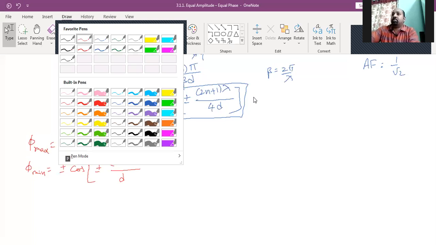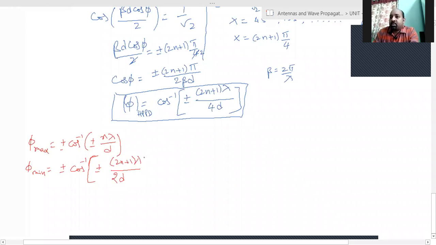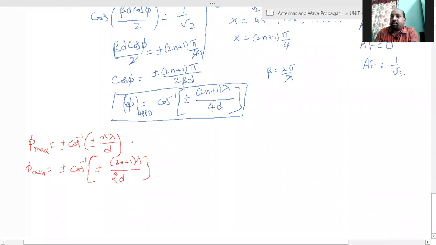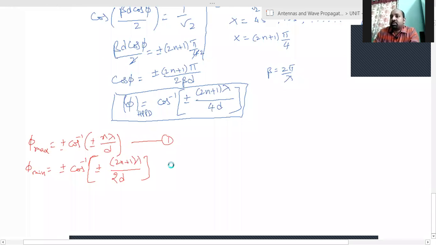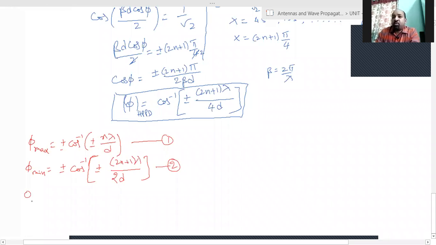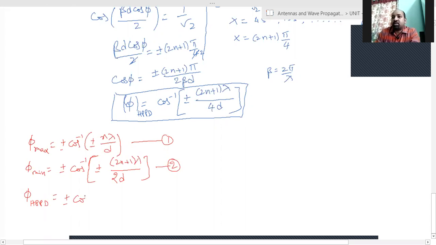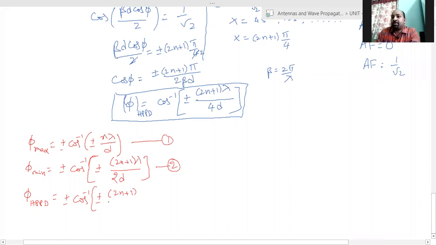Let us say this is equation 1 and this is equation 2, and half power point directions is equal to plus or minus cos inverse of plus or minus (2n plus 1) lambda by 4d.